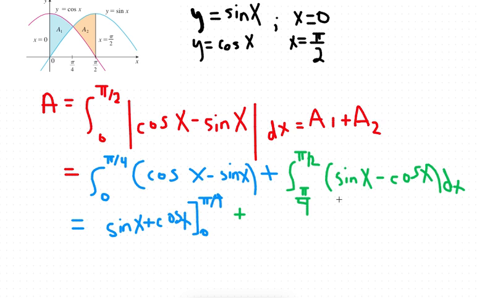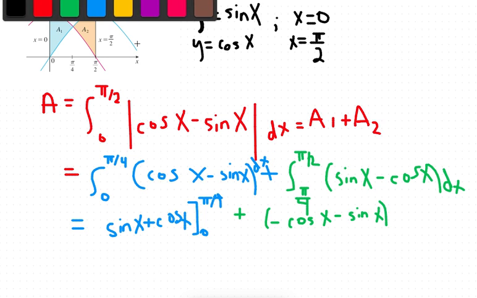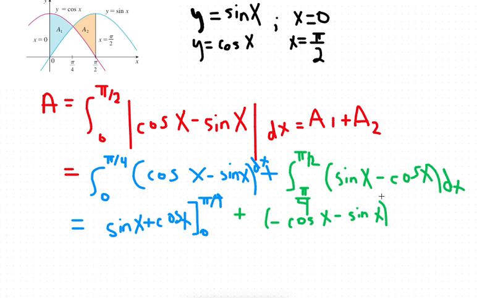You're going to take the integral of sine x minus cos x, which is going to become negative cos x minus sine x. And the dx disappears because you took the antiderivative. Oh, and I should have written dx over here. Okay? So you have that, and this is going to be from pi over 4 to pi over 2.